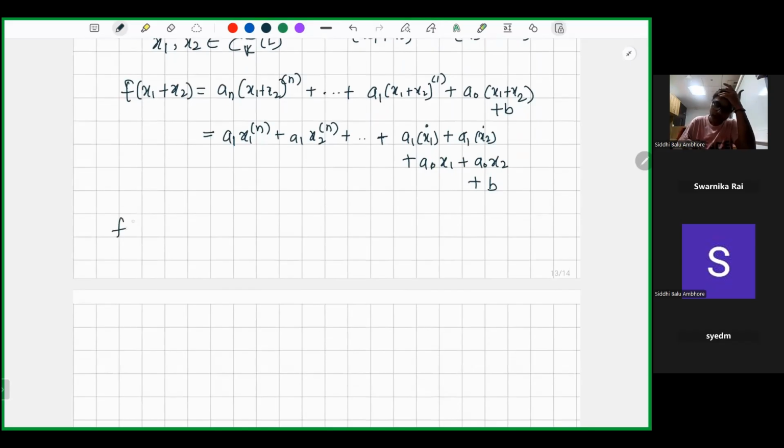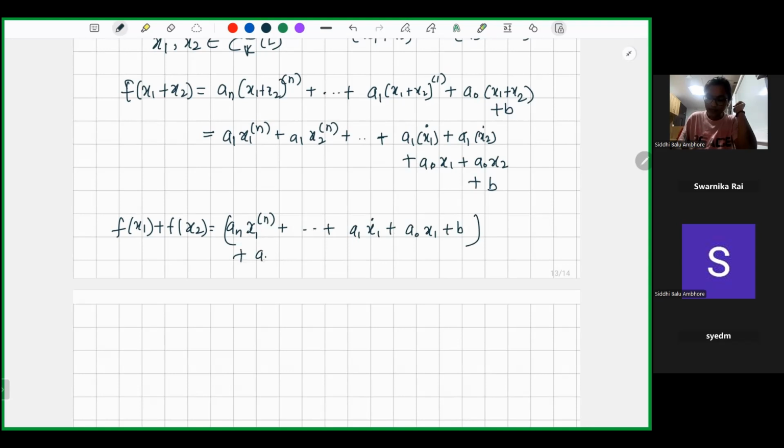And if I want to check f of x1 plus f of x2, this is an x1 nth, and so on, a1 x1 dot plus a0 x1 plus b. This is my f of x1. Plus an x2 nth, and so on, a1 x2 dot plus a0 x2 plus b.